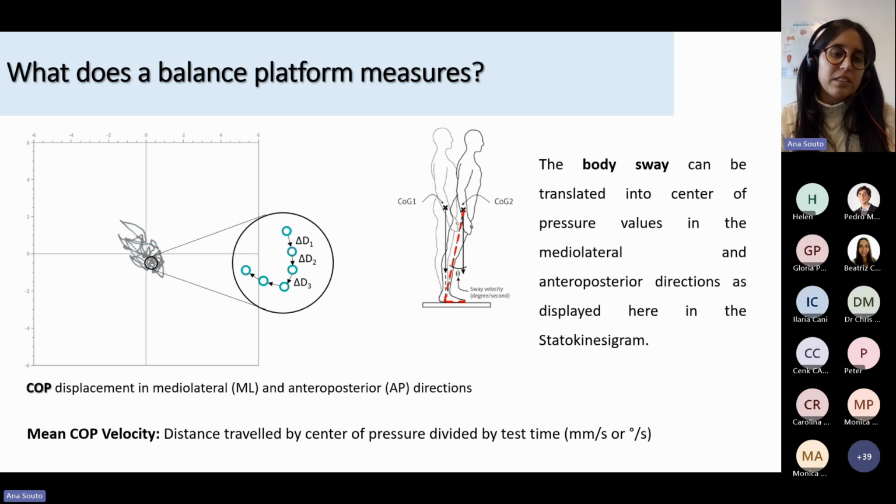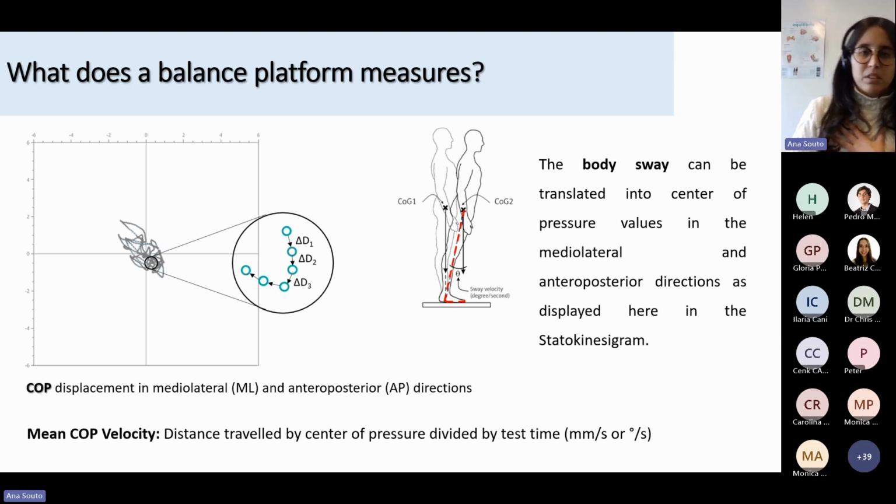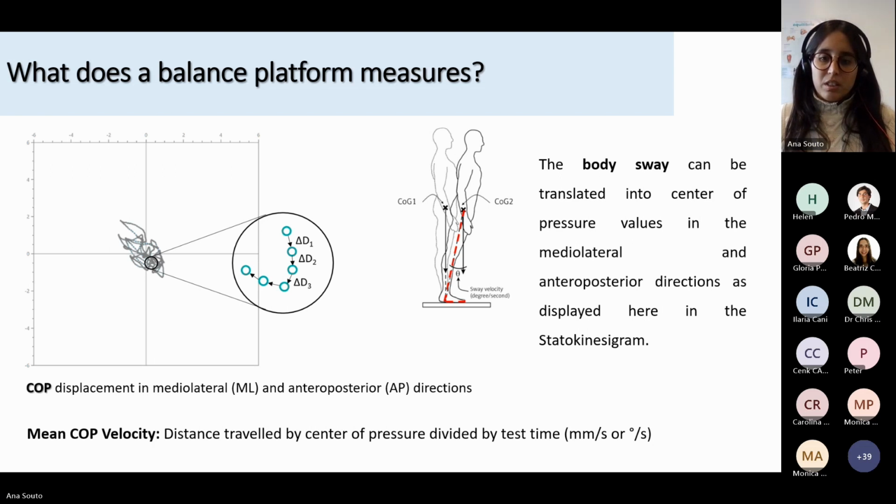We know that the higher the velocity, the worse the postural control is. So the person is swaying with a lot of velocity, is not able to control his or her body, and tries to control and counteract the instability forces.